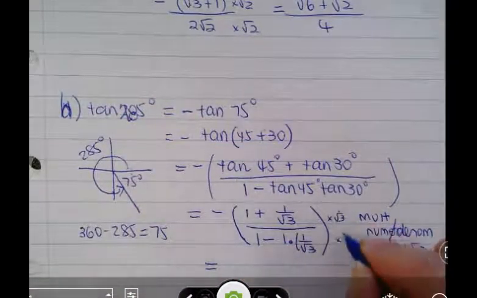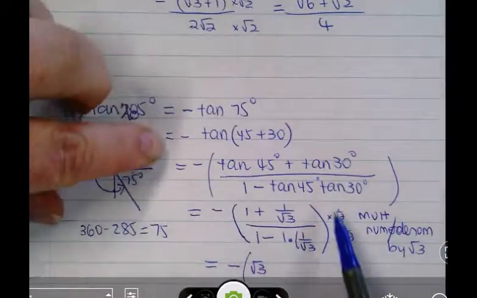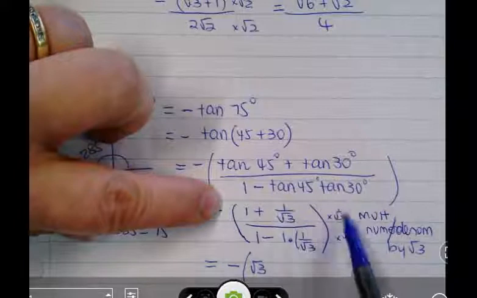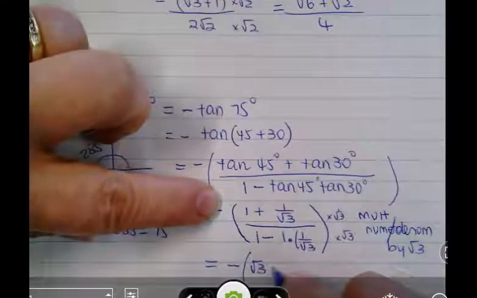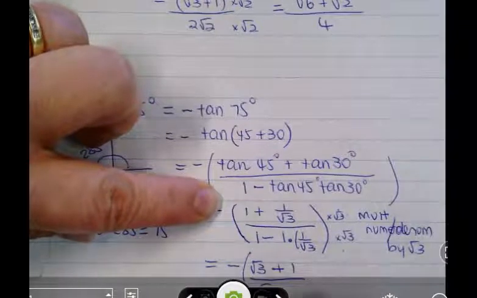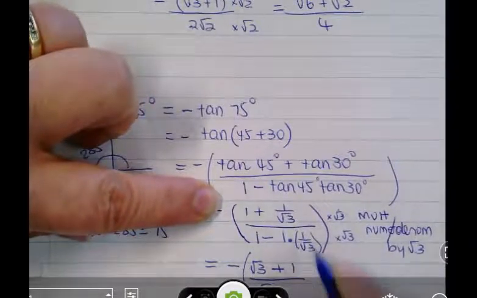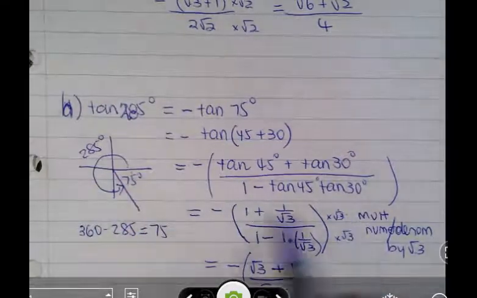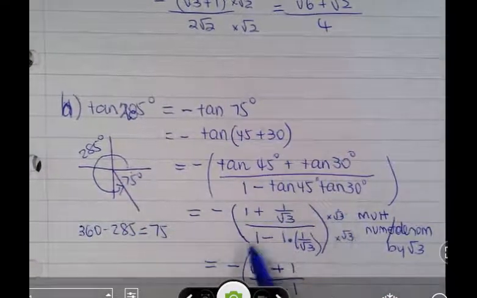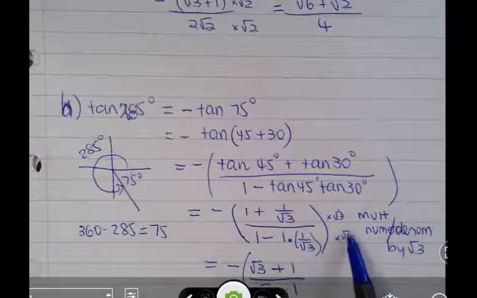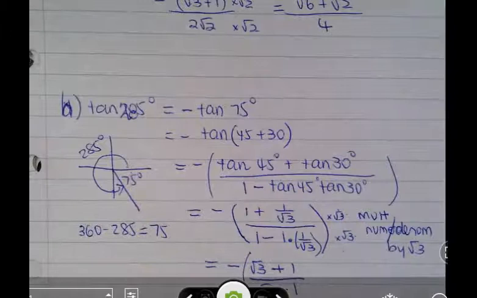So root 3 times 1 is root 3. What's 1 on root 3 times root 3? 1. Over, root 3 times 1 is root 3. And root 3 times 1 on root 3 is 1. So I'm doing root 3 times that, root 3 times that, root 3 times that, root 3 times that. This is 1 times 1 on root 3, so it's just going to be root 3 on root 3, which is 1.